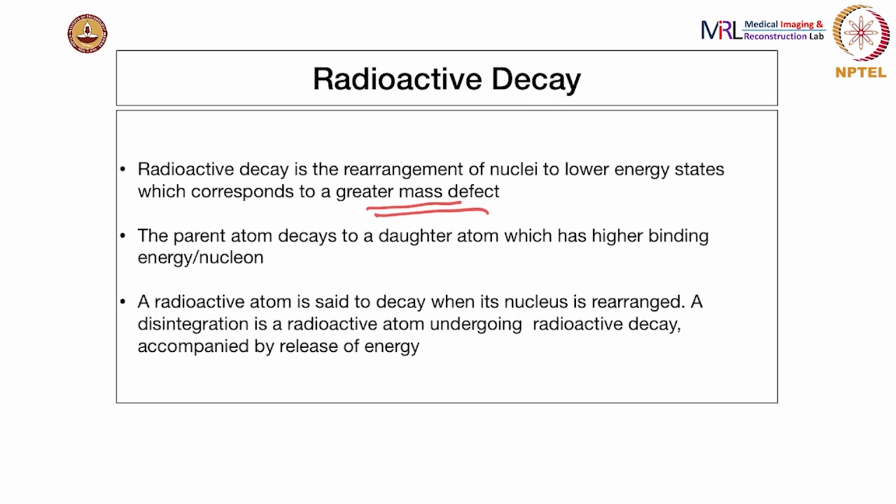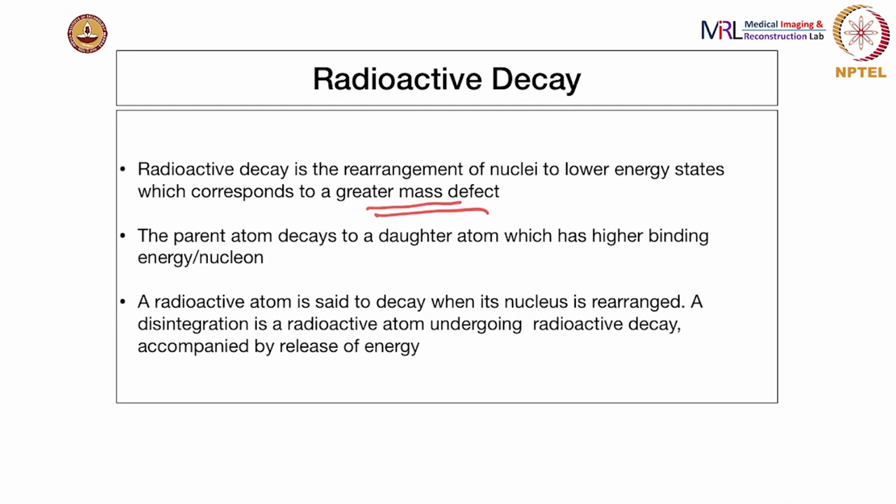The sum of the parts tends to be lesser than the individual sums. If you calculate the mass of the protons and neutrons of an atom, and then you actually measure the nucleus of the atom, there will be a difference. That difference is known as mass defect. Usually nuclei tend to go to lower energy states which have greater mass defect.